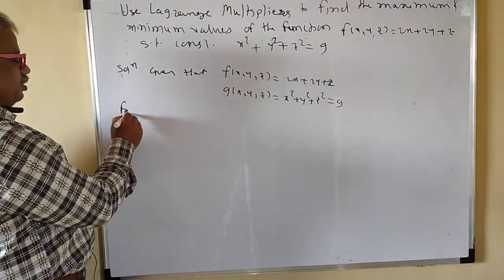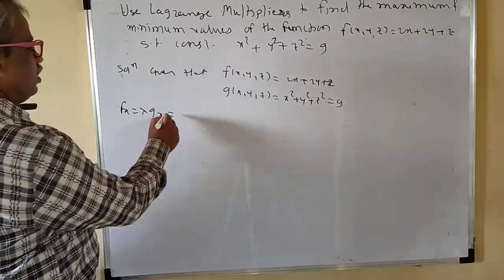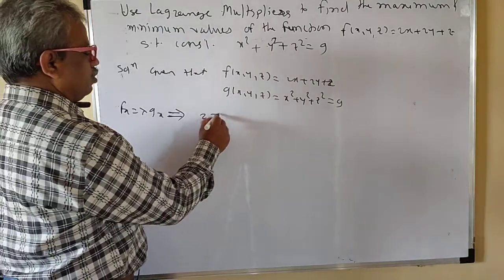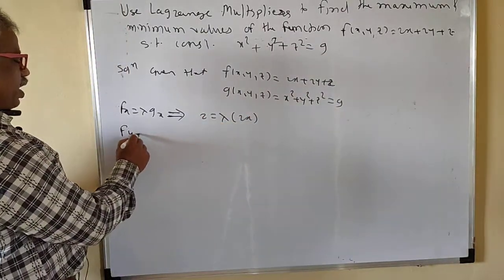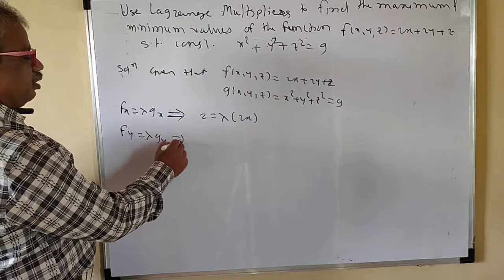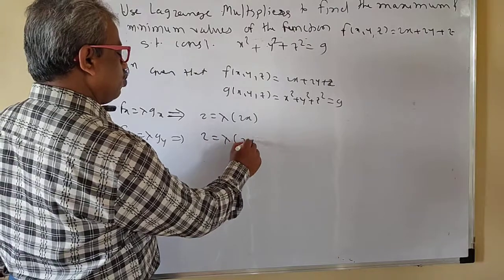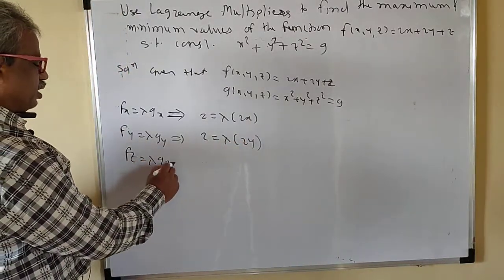Okay, so f_x is equal to lambda g_x. This implies that f_x is 2, lambda, this is twice x. f_y is equal to lambda g_y. This implies 2 equals lambda twice y. f_z is equal to lambda g_z.